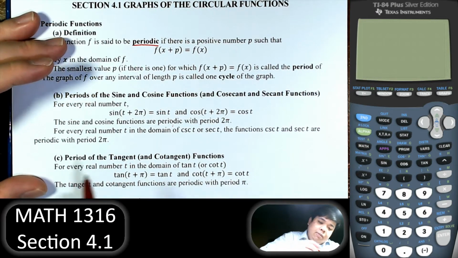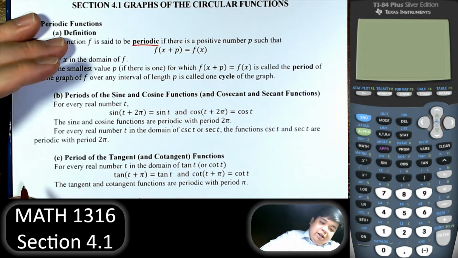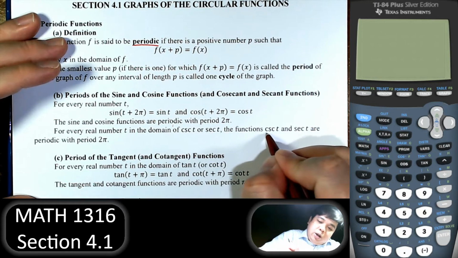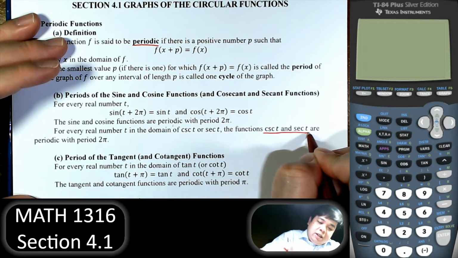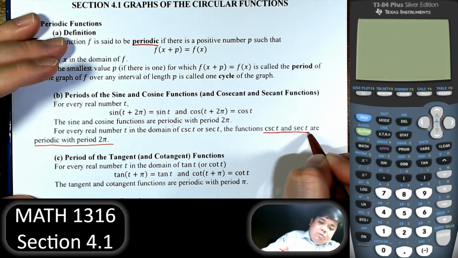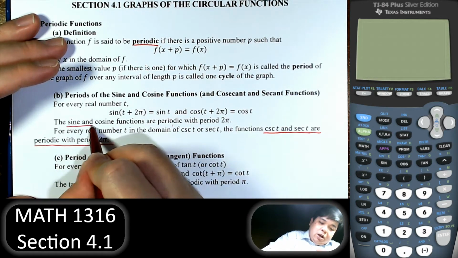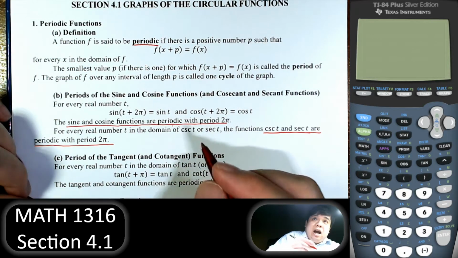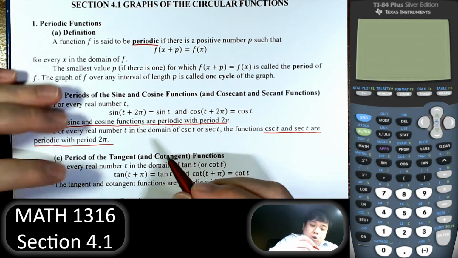So, for every number t, the functions cosecant and secant are periodic with period 2 pi, and sine t and cosine t are periodic with the period of 2 pi.